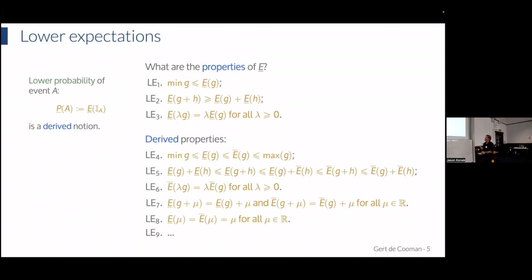So the sum of the lower expectations is smaller than the lower expectation of the sum. It's smaller than, changing one here to an upper, gives me an upper bound for the lower expectation as well. And this is bounded above by the upper expectation, which in turn is smaller than the upper expectation. So it's all kinds of interesting things happening there.